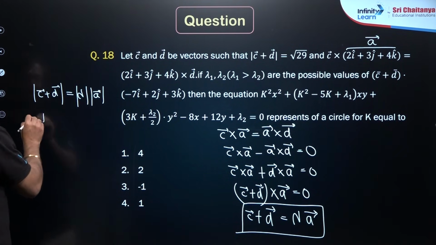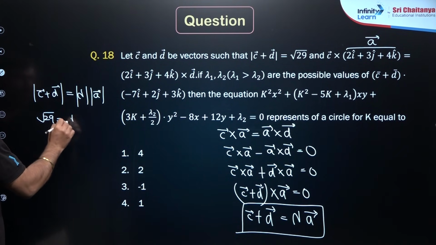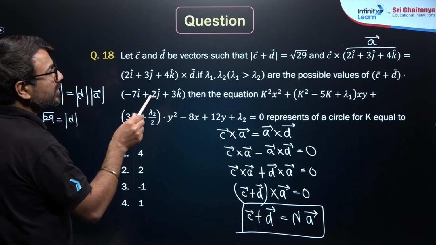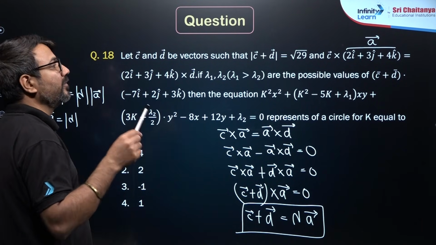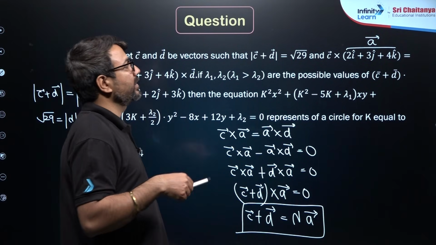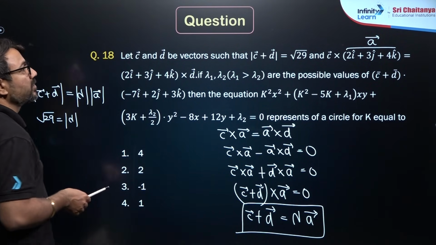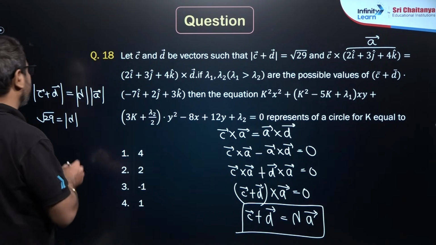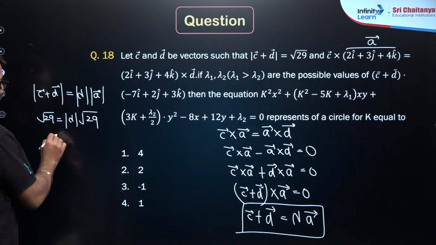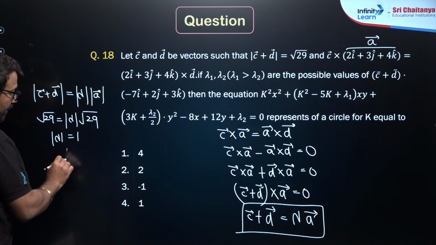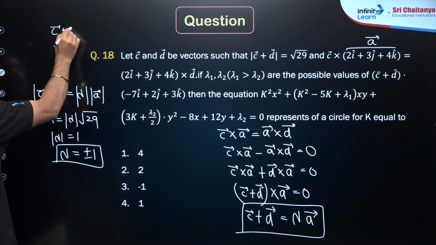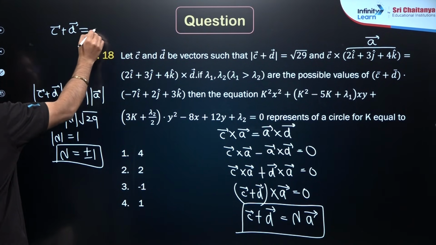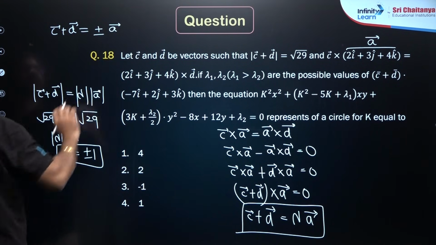Yes, root 29 equals mod lambda times mod A. Mod A is 2 square plus 3 square plus 4 square, 4 plus 9 plus 16, so it will be square root of 29 only. So mod lambda is 1, so lambda value will be plus minus 1. So basically vector C plus D is equal to plus minus vector A.